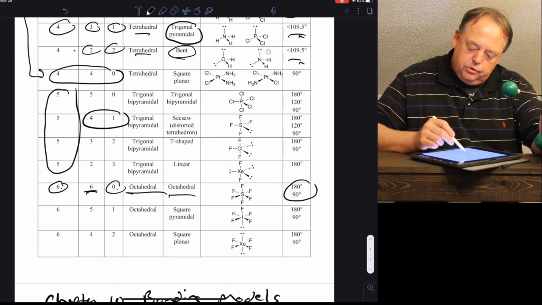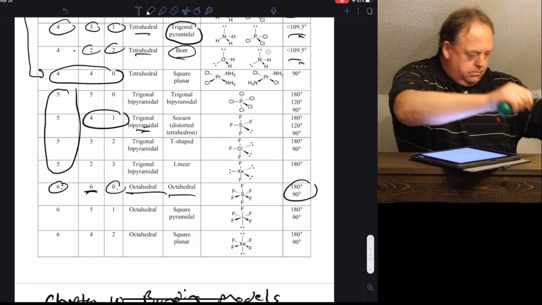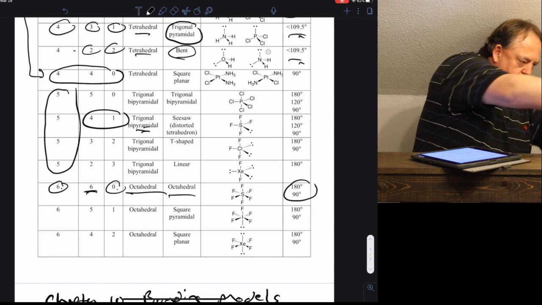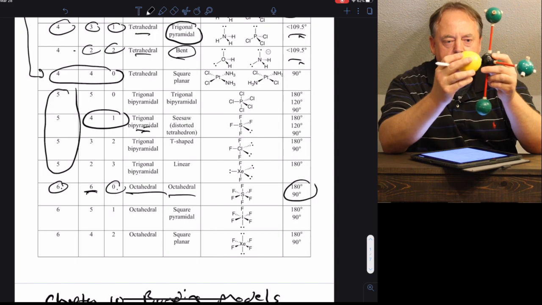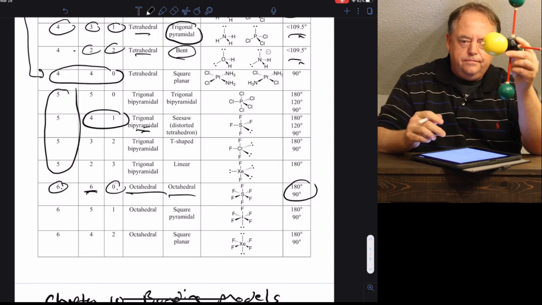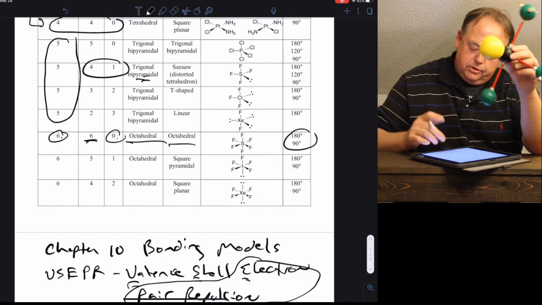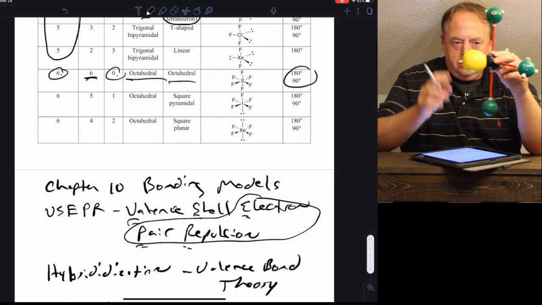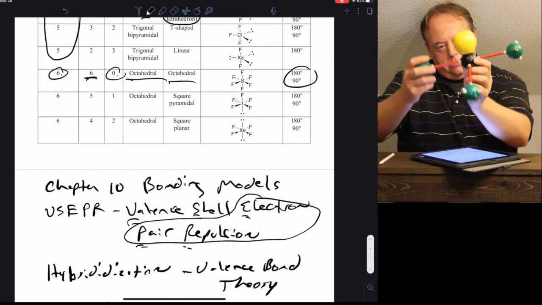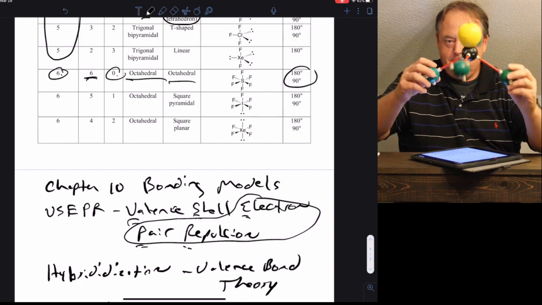And so the 5 things are arranged trigonal bipyramidally, but we only have 4 atoms now, and one of these is a lone pair. So the lone pair is there, and that geometry is called seesaw. So it's a seesaw because it looks like a children's toy.